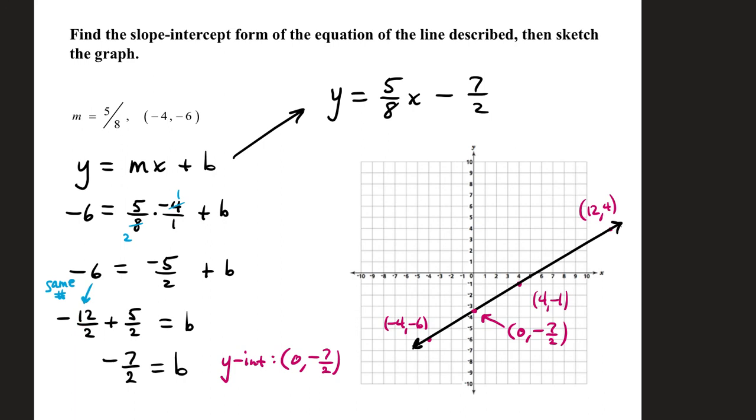Still has a value of -6, but now it's a fraction with matching denominators. -12 plus 5 is -7 over your common denominator of 2. So your y-intercept is at the point (0, -7/2). Visually, we can confirm that the graph passes through the y-axis at -3.5. So that makes sense. Now we can name our line. That's going to be y equals 5/8 x minus 7/2.